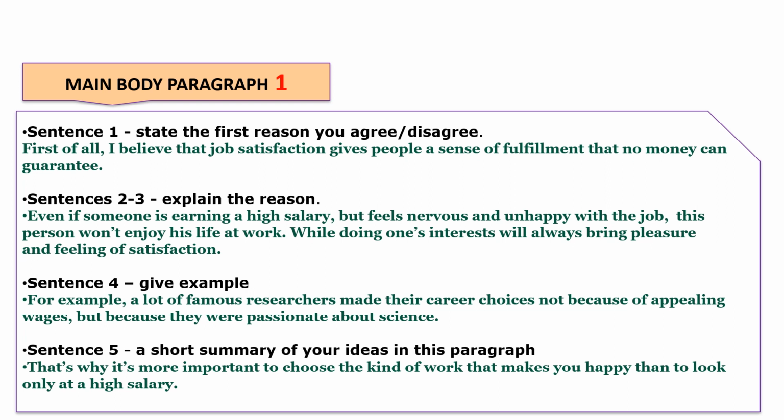So you can write those two extra reasons, or you can write a short summary saying that's why, as a result, or this is because, or that's how it is important to choose the kind of work that makes you happy than look only at a high salary. Clear?